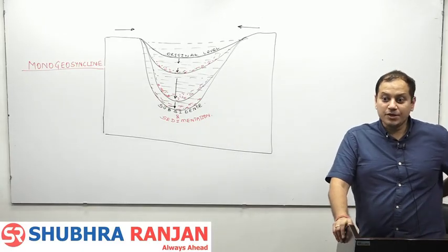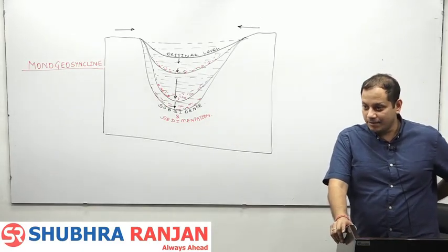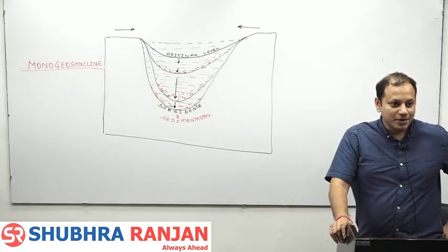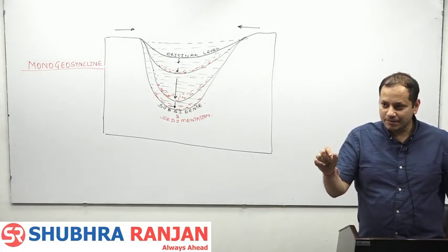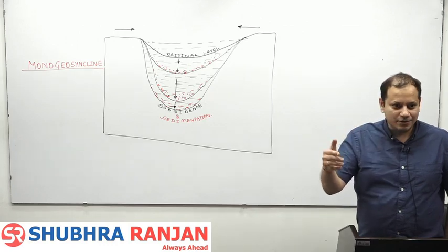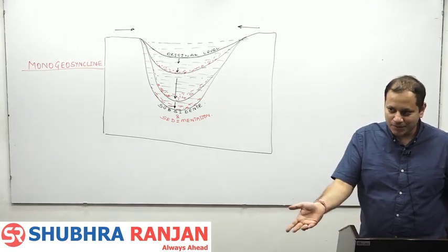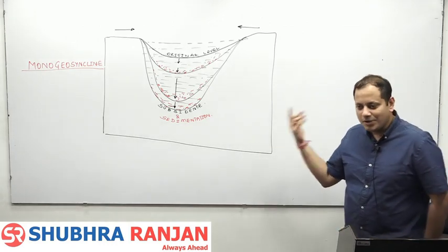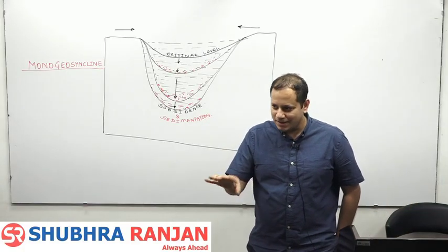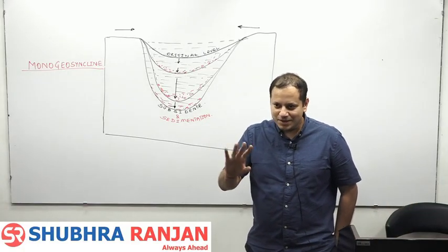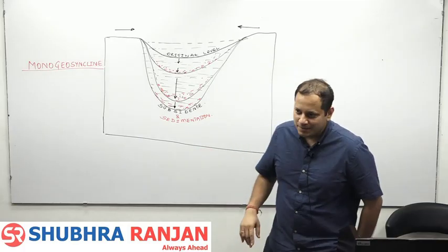Now if you read geosyncline theory on Wikipedia, on the internet, it starts with the words: this is an obsolete, meaning rejected, theory of mountain building. Why? It cannot properly explain. But why do we read it? Because we have it in our syllabus. Understanding? Otherwise in the world this theory is no longer accepted.